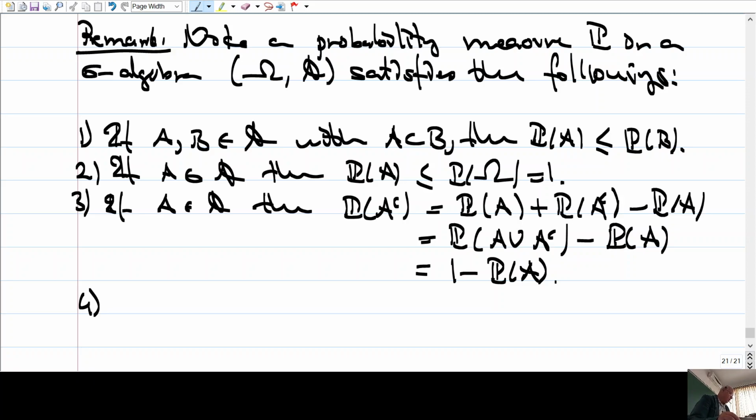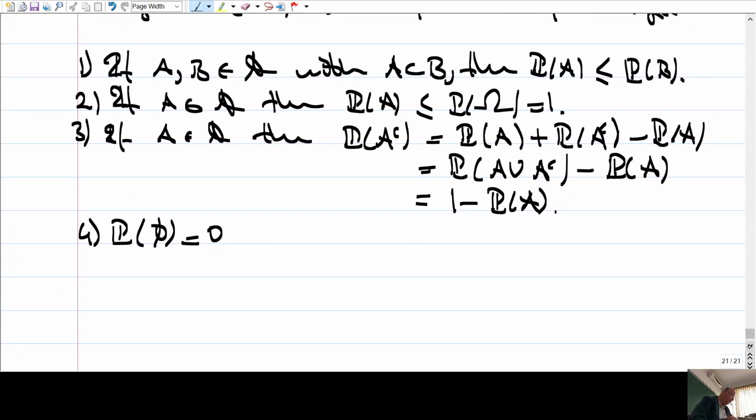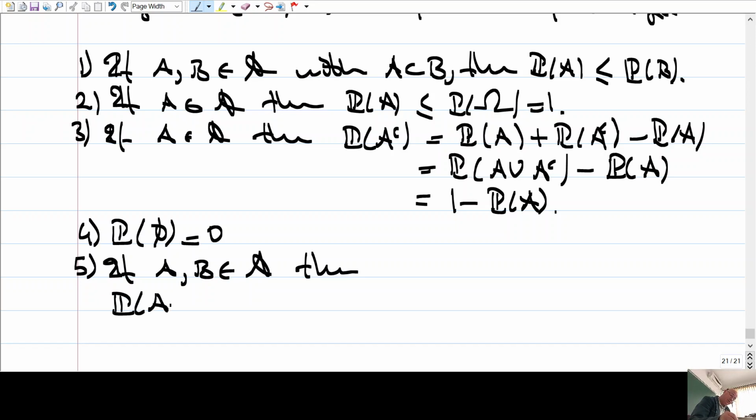The fourth one, well, we already know this. Okay. If we have two subsets not necessarily disjoint, then the measure of the union is what? Well, this union can be written like this, right?